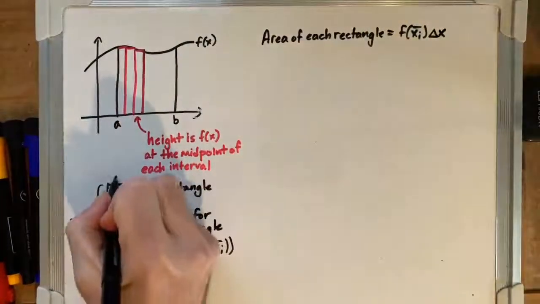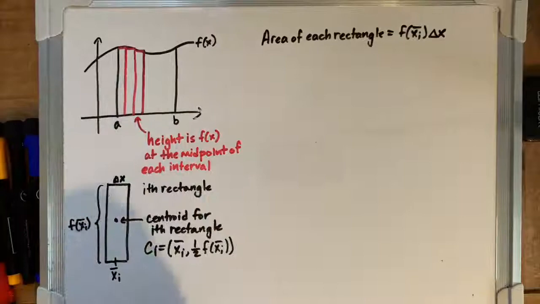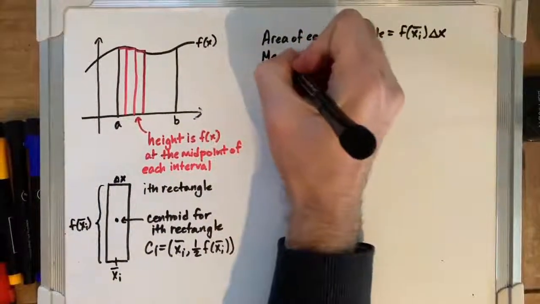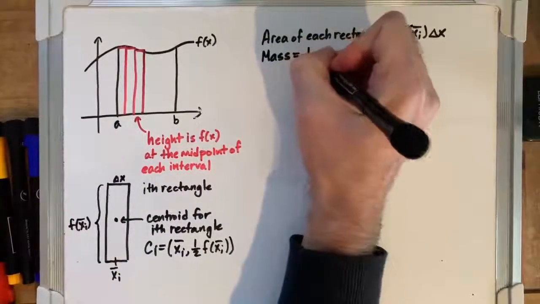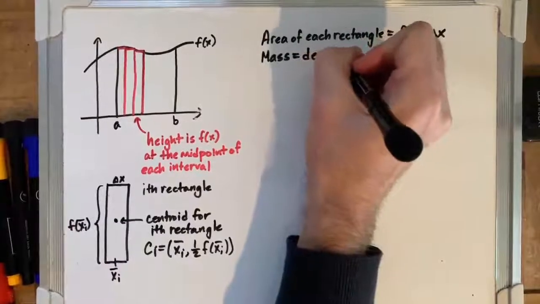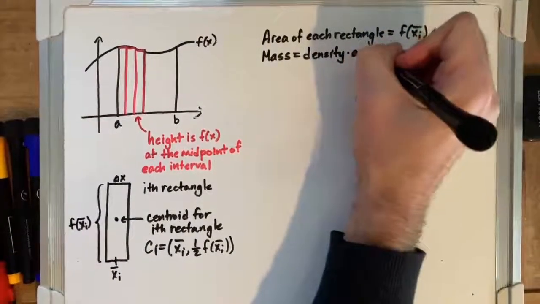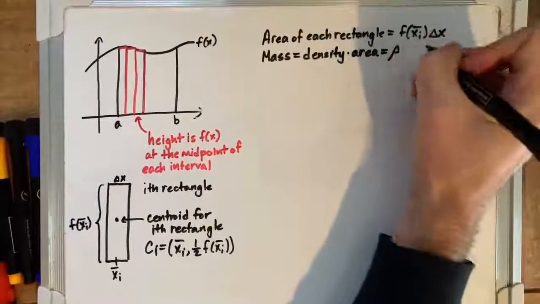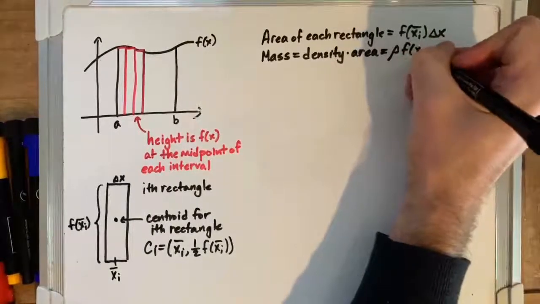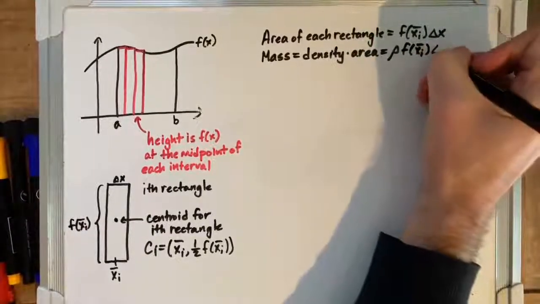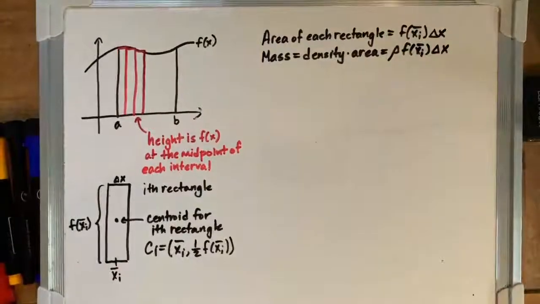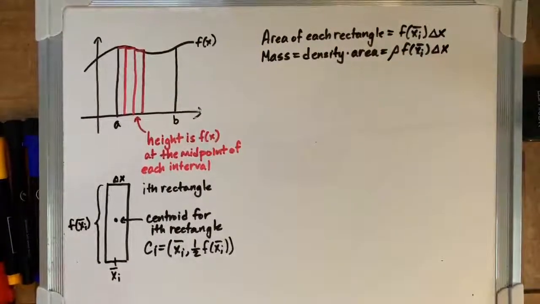Delta x is going to be the width of that rectangle there. The mass is going to be the density times the area. So we're just going to multiply that by the density, which is the rho there, times what we had for the area.